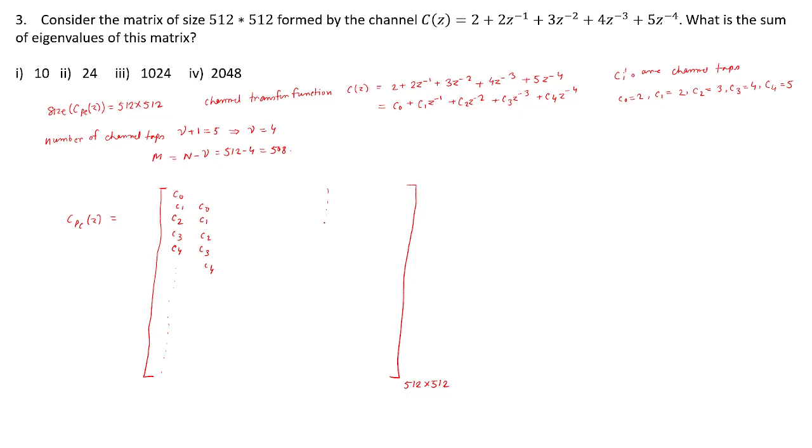Let me draw a line here, which corresponds to where C naught reaches here: C naught, C1, C2, C3, C4.